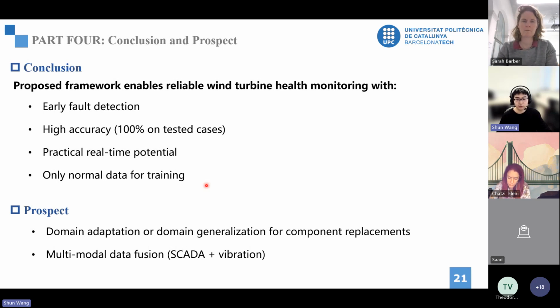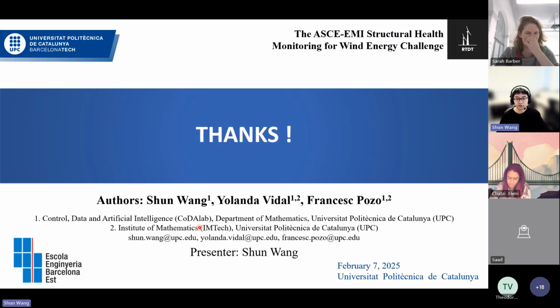So for future work, we plan to develop a domain adaptation or domain generalization method to better handle the component replacement. We also aim to integrate SCADA data with vibration signals to improve the detection performance. That's it. Thank you for your attention.